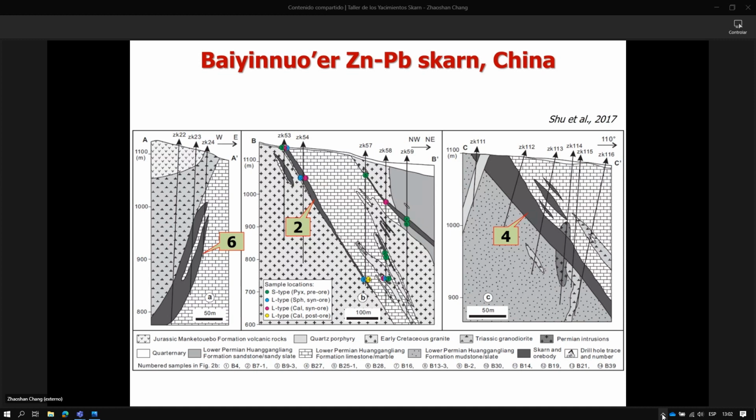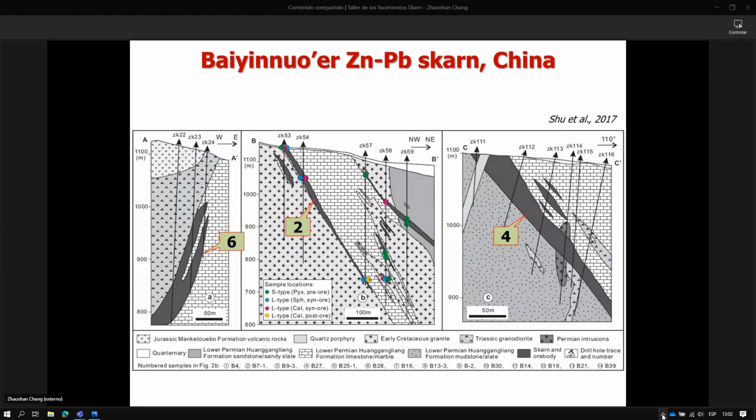This is the causing intrusion. This is not. So this older intrusion has skarns along it, and in other skarns I have been seeing, some not published, they still have this kind of case. It occurs along the older intrusion.